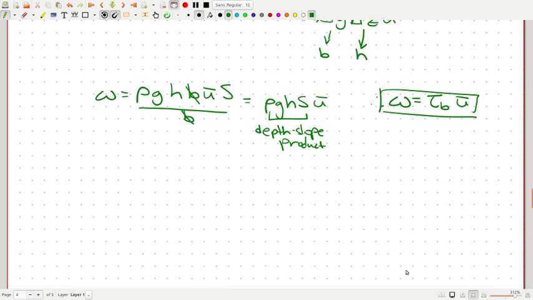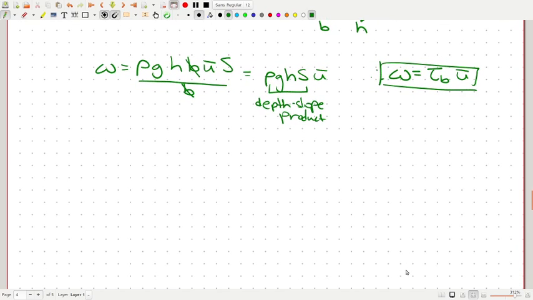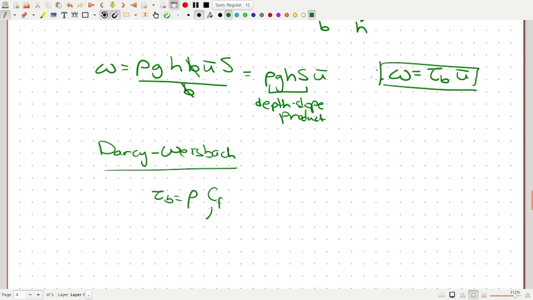And if we want to suss out a bit more about the nature of this relationship and how to more directly link the shear stress to the stream power, we can go back to one of the formulas we discussed for flow velocity, which is the Darcy-Weisbach formula. And in that, we have a relationship for shear stress that says that tau b is equal to rho C_f, so this is a friction factor, times mean velocity squared.